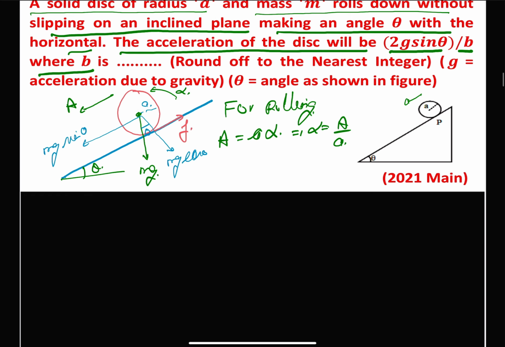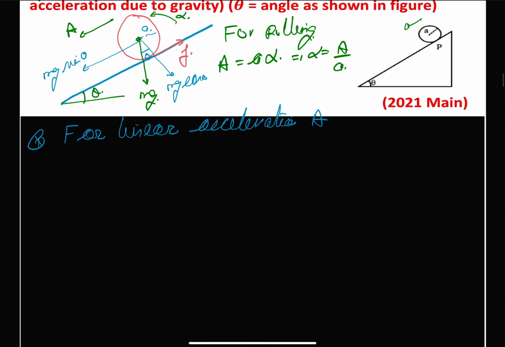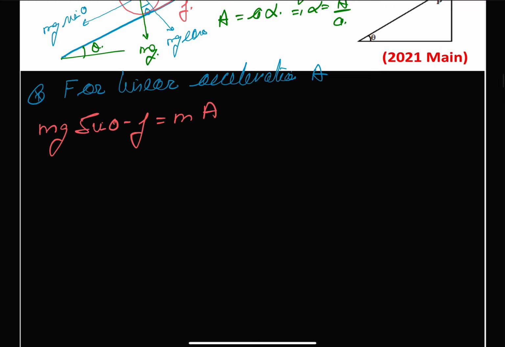So for linear acceleration A, we can write that mg sine of theta minus frictional force will be equal to mass into linear acceleration A. And then there is a rotational part.